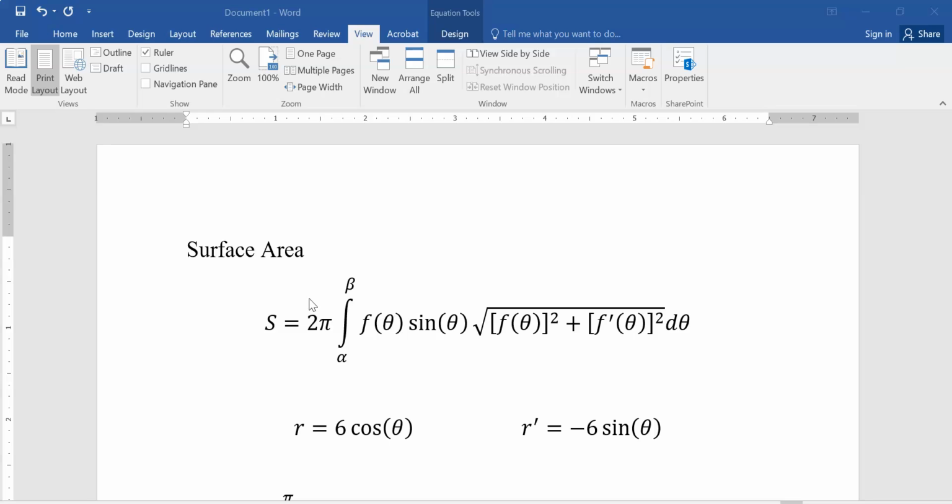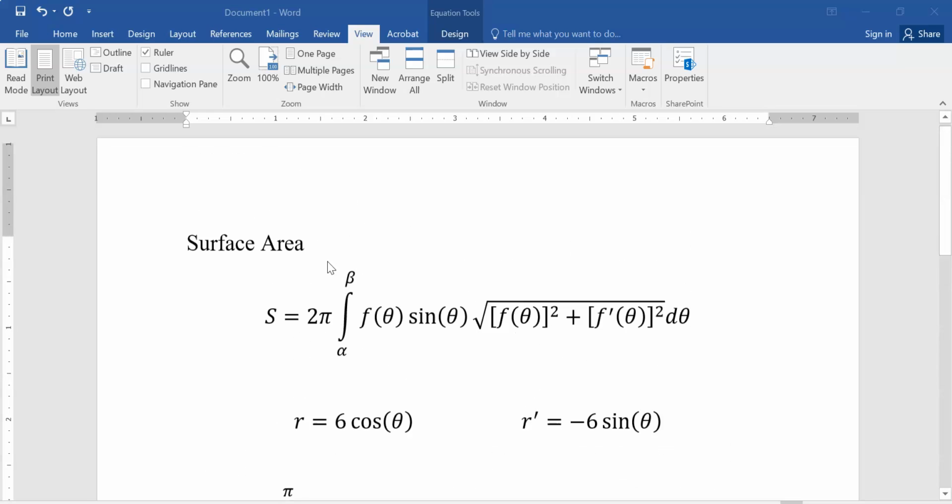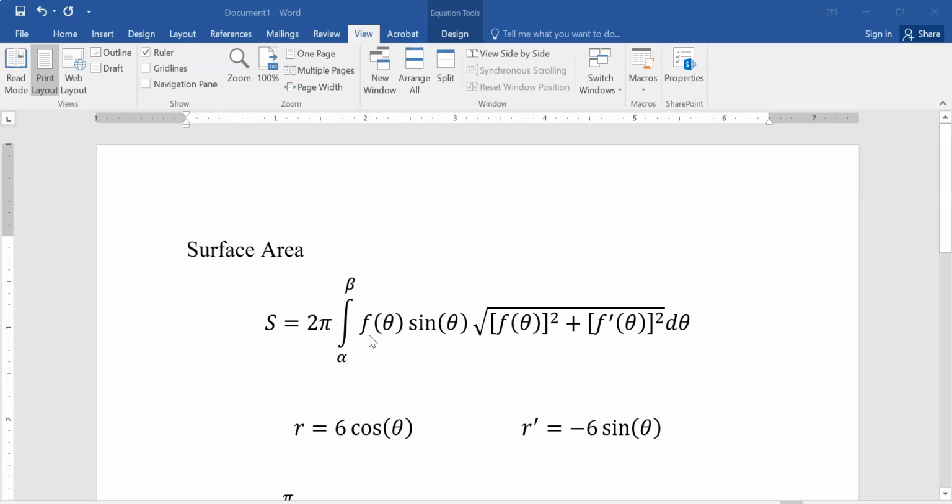Because we're rotating around the polar axis, we're going to use f theta sine theta. Now remember, our r is 6 cosine theta, so the derivative of r would be -6 times sine theta. Again, the derivative of cosine is negative sine.